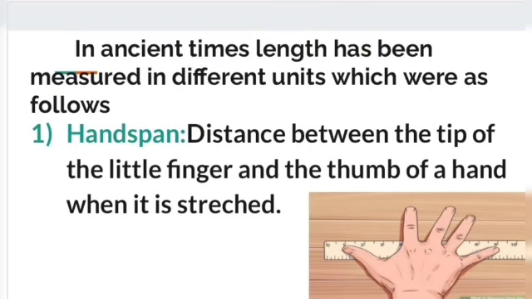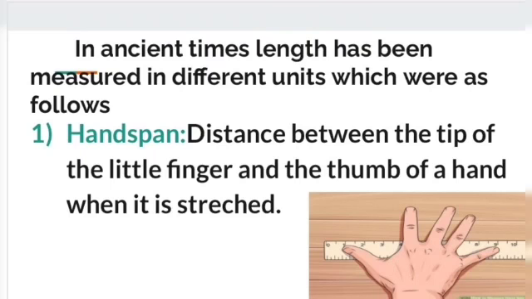What is handspan? The distance between the tip of the little finger and the thumb of a hand when it is stretched is called handspan. Means in ancient times, length has been measured in handspan, like 1 handspan, 2 handspan, 3 handspan.